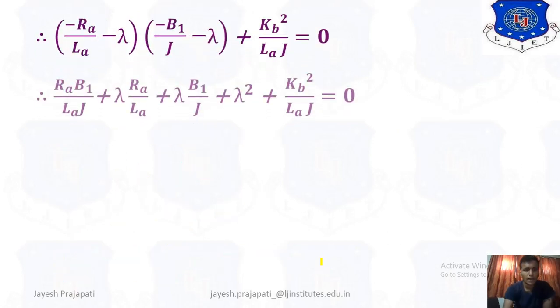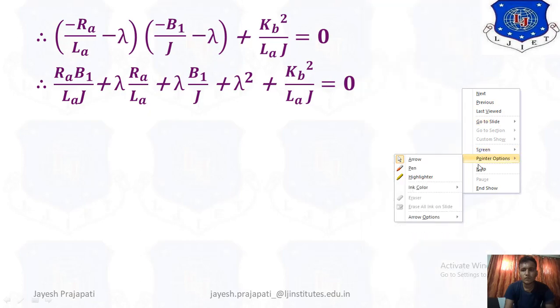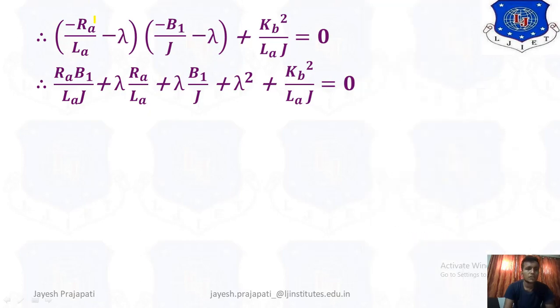Now if we solve this equation, in this equation you can see this portion is multiplied with this, and then this portion is multiplied with this. So minus minus plus: Ra into B1, then La into J. Then we multiply this with lambda, so minus minus plus, so plus lambda into Ra by La.